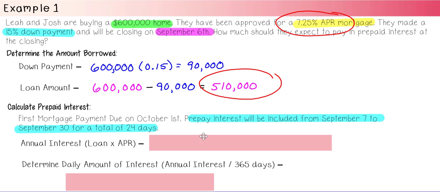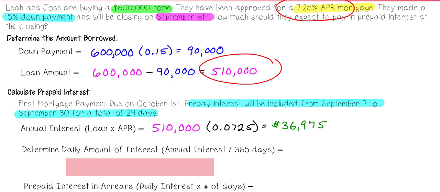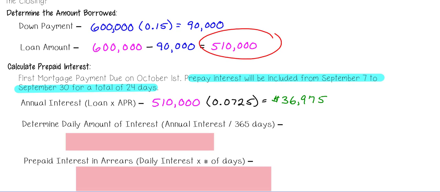So that would be $510,000 times 7.25% in decimal form. The annual interest that they pay on the house is $36,975. From that, we need to determine how much interest we pay daily.